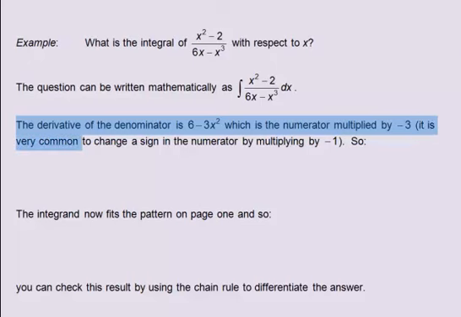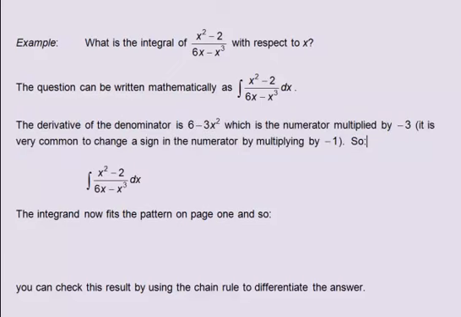It is very common to change a sign in the numerator by multiplying by minus 1. So, the integral of x squared minus 2 divided by 6x minus x cubed dx, multiplied by minus 3 and divided by minus 3, becomes minus 1/3 multiplied by the integral of 6 minus 3x squared divided by 6x minus x cubed.